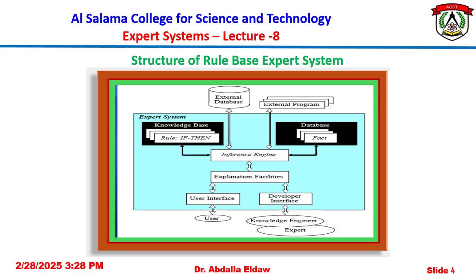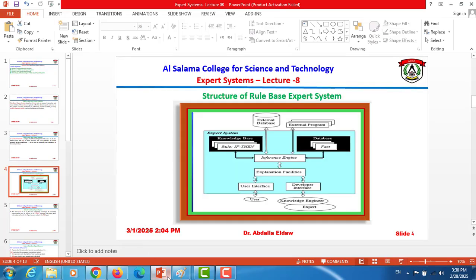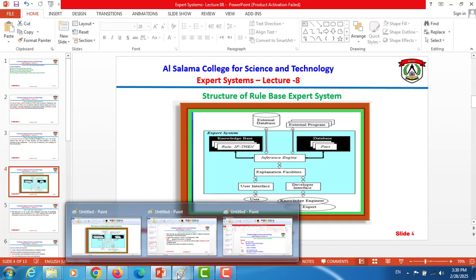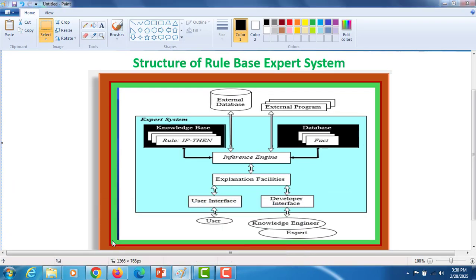Here is the structure of a rule-based expert system. We can explain this in more detail. Let us select the brush. Like other expert systems, like shell expert systems, they have common components.